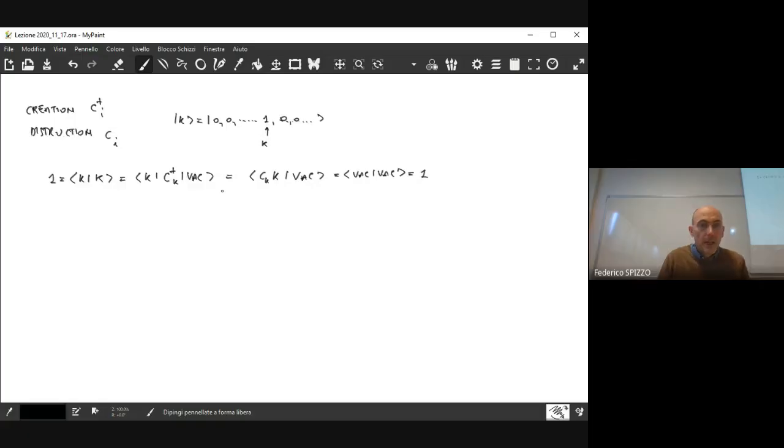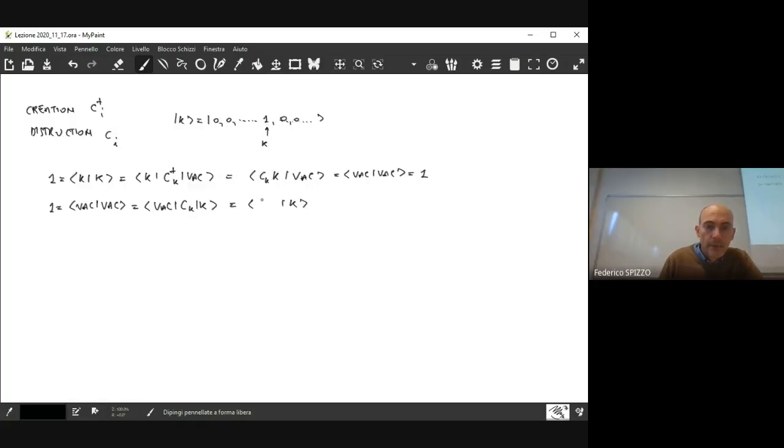And you may do exactly the opposite if you start by considering this product. Then you may say that vacuum is due to the application of the destruction operator over level K. And at this point, since you have K on the ket, the only solution to have 1 is to have K also on the bra.